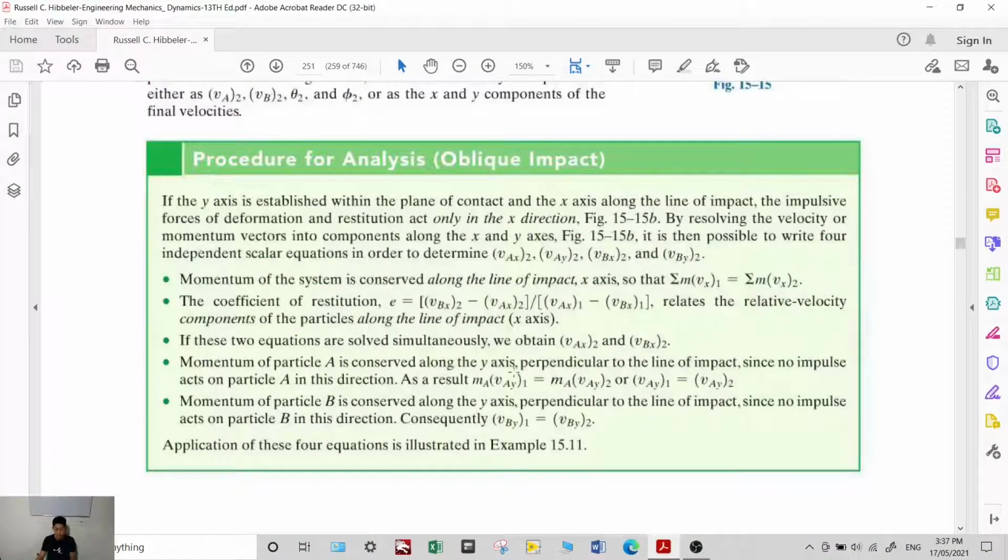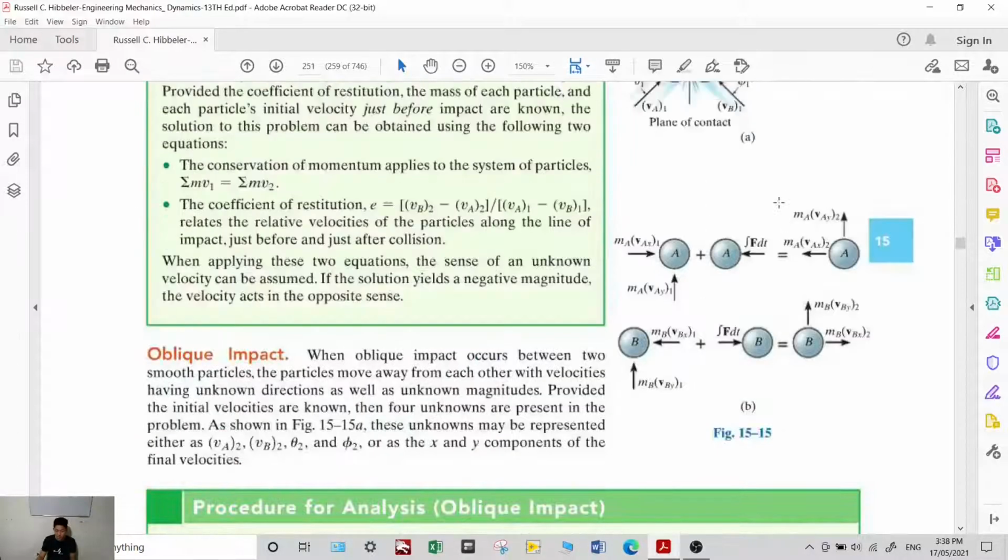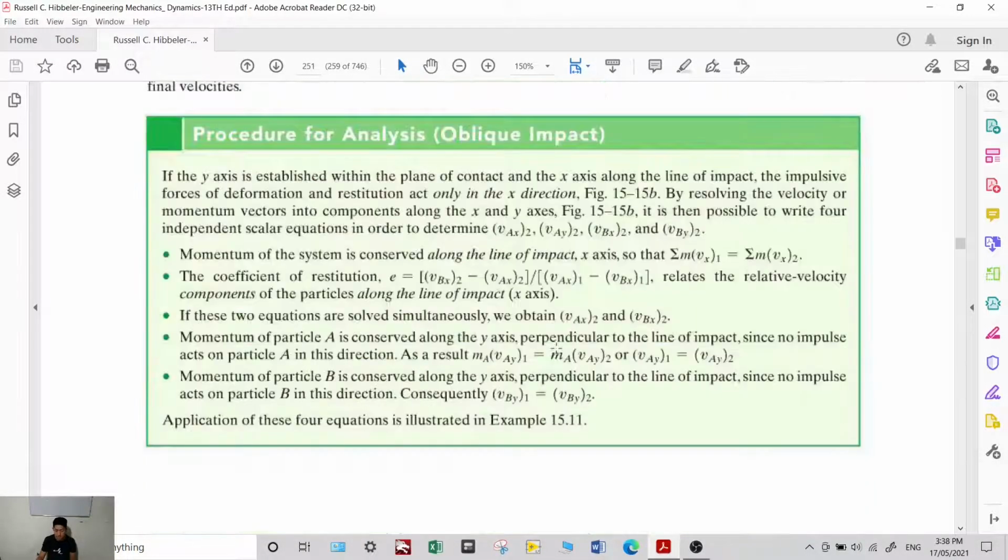And then, you apply this equation for the coefficient of restitution, because the impact occurs only at the line of impact, or for this case along the x-axis. For the y-axis, momentum of particle A and B is conserved at the plane of contact.